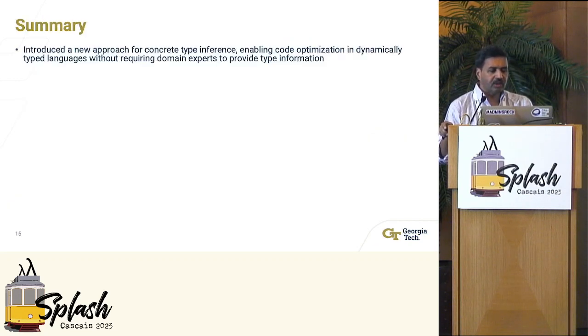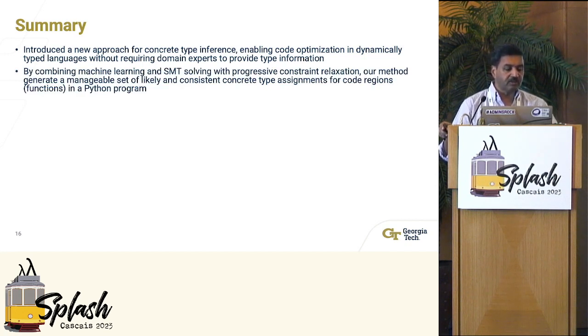So to summarize, we introduced an approach for concrete type inference that enables code optimization for dynamically typed languages without requiring any input from the domain experts. We combine machine learning and SMT in a way that can work effectively, with soft constraints that have this notion of a progressive constraint relaxation, and get a manageable number of predicted types.